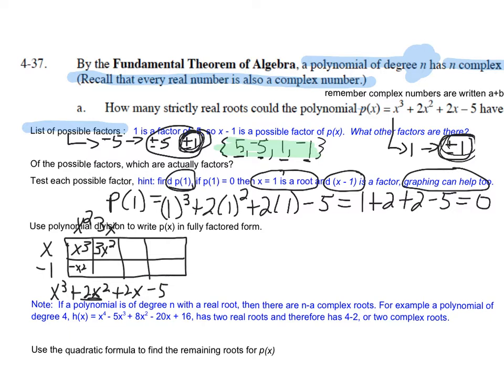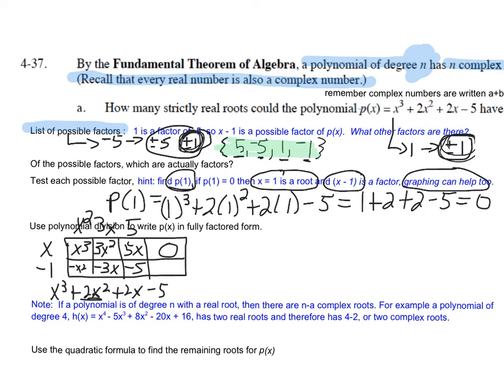3x times x gives me 3x squared. 3x times a negative 1 is a negative 3x. I need 5x plus negative 3x to give me 2x. 5 times x is 5x. 5 times a negative 1 is a negative 5. Perfect.